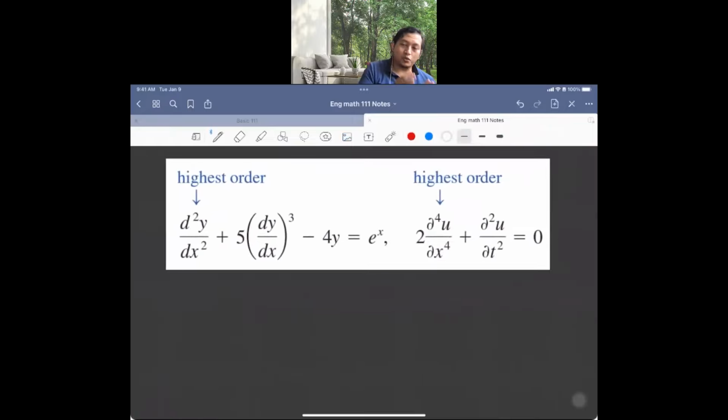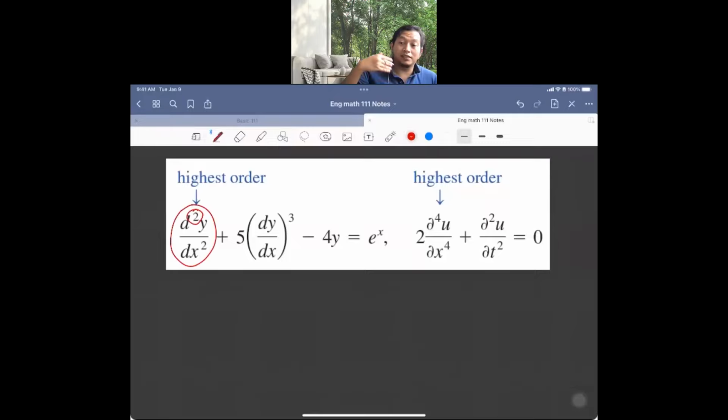The interesting thing here is you need to distinguish which one is the order and which one is just a regular exponent, a regular power.